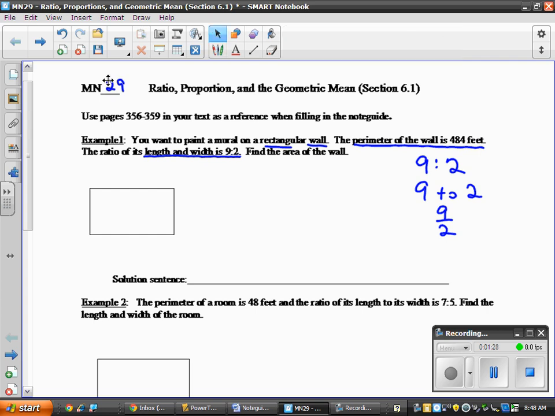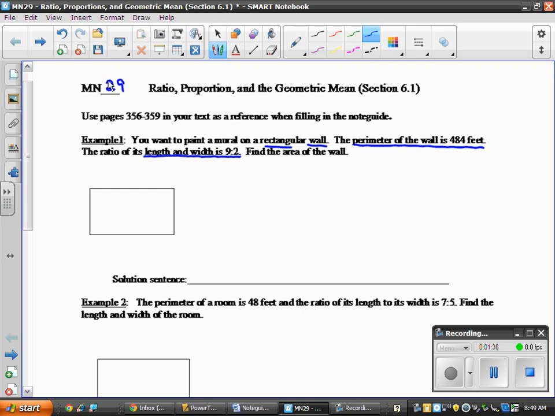I'm going to erase that because there's not a lot of space, but I wanted to make sure you remember that a ratio is really just a fraction or a factor, in this case, of a length and a width. So this length is going to be some factor of 9. I'm going to say it's 9x, because we don't know if it's 9 times 1, 9 times 2, or 9 times 3.